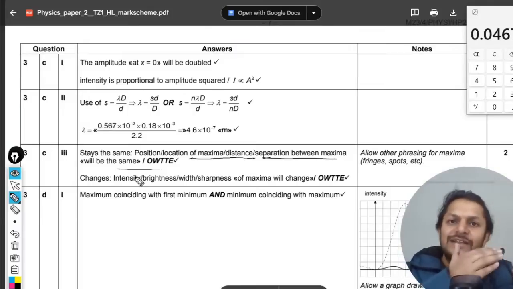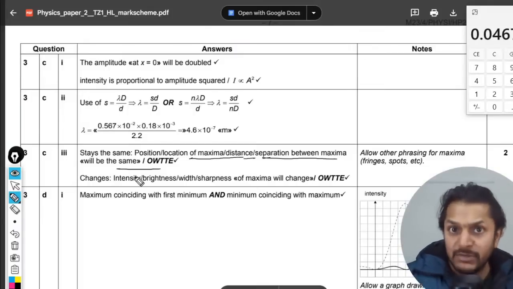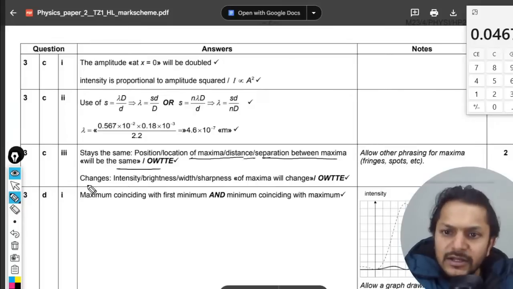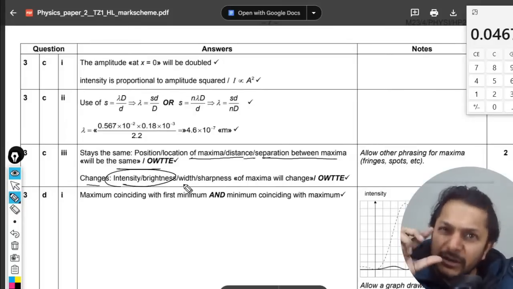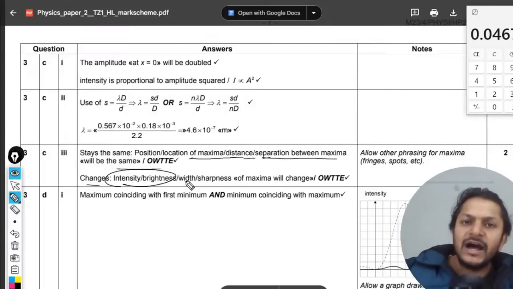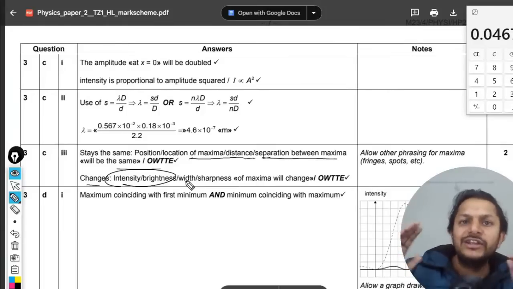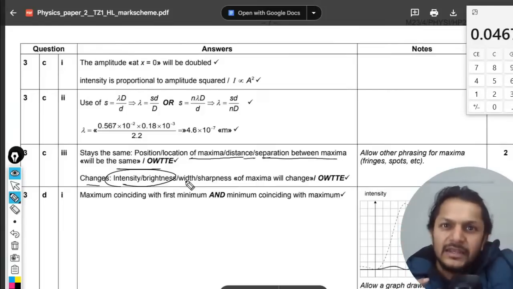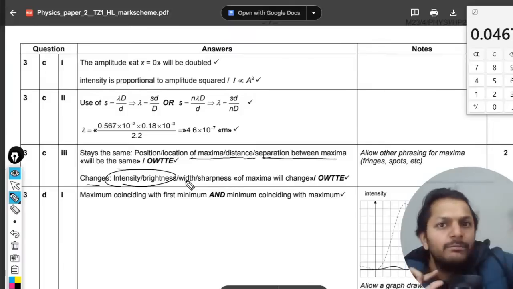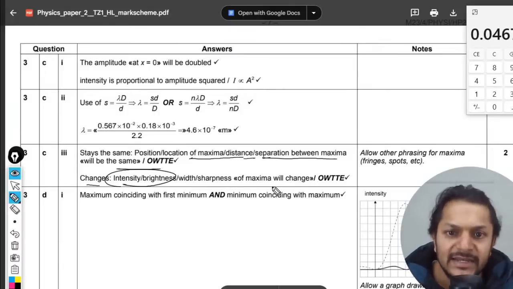So the interference pattern is going to look similar, but the width will become lesser, the intensity will become high, and it will become sharper. It was broader earlier; now it will become like a pin, thinner but longer.